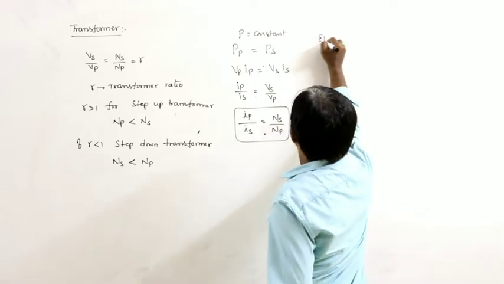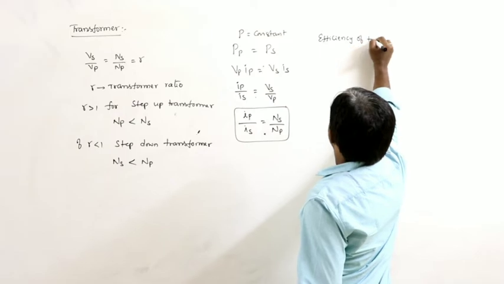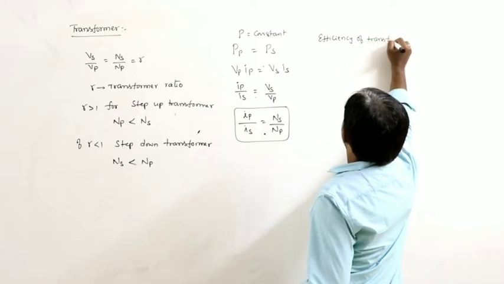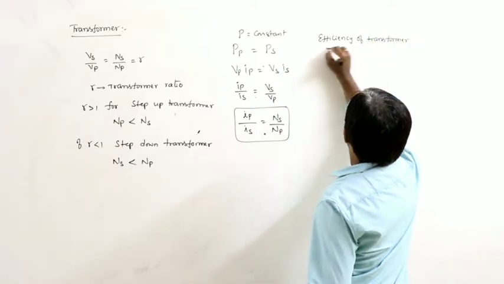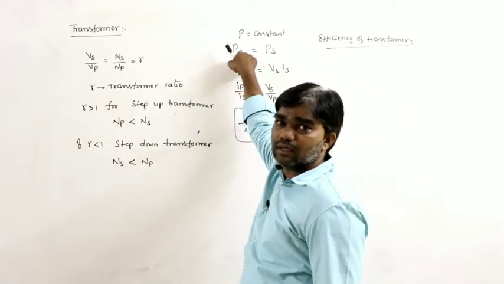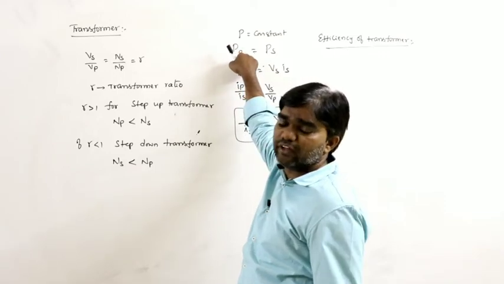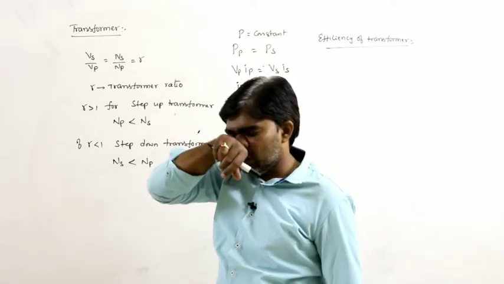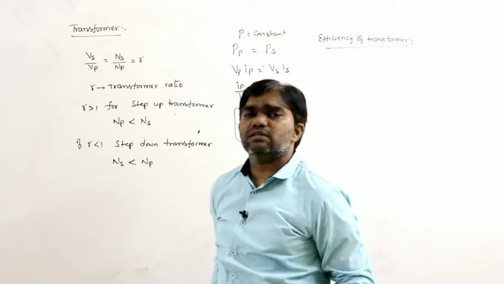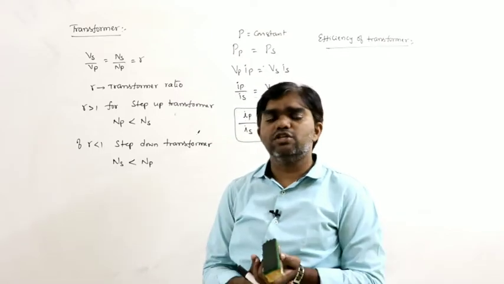And what is the efficiency of the transformer? This situation only exists to do the mathematical calculation, but input power can never be equal to output power. Definitely a certain amount of energy must be lost in the form of heat energy or sound energy in any situation.